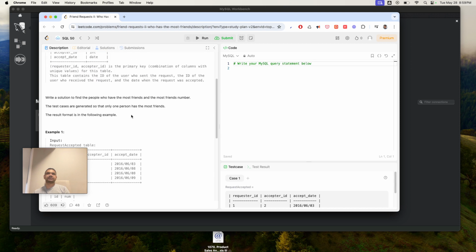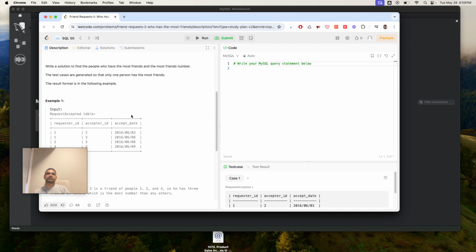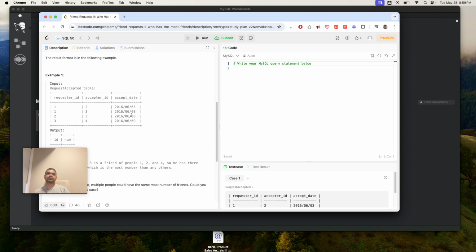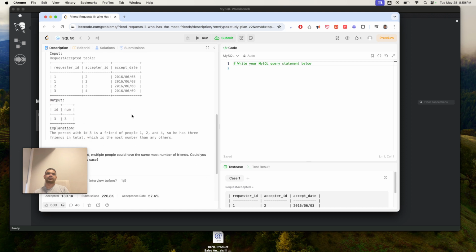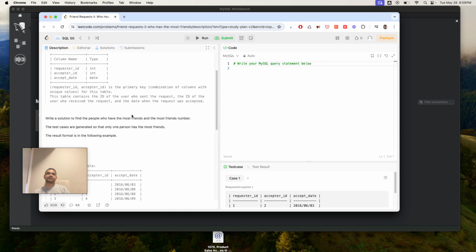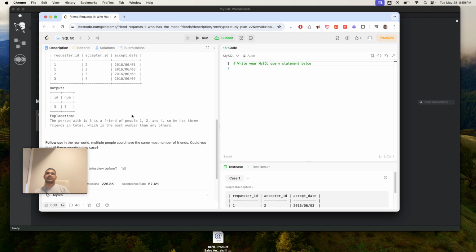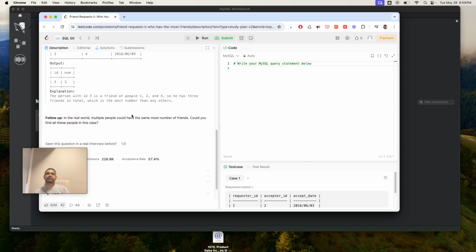The test cases are generated so that only one person has the most friends. The input is a requester ID, accepter ID, and accept date.